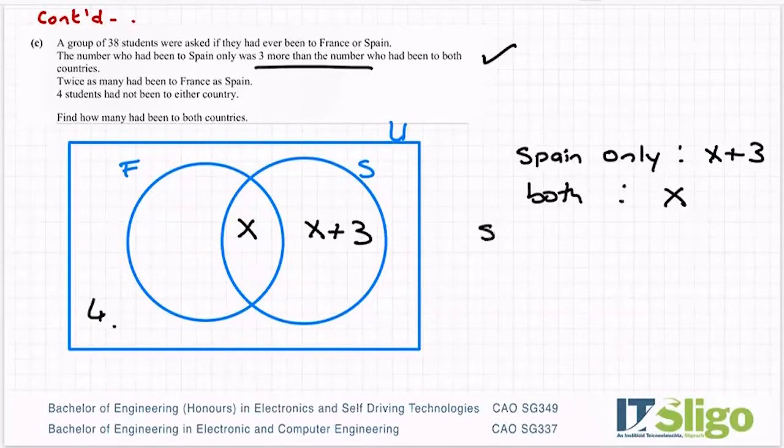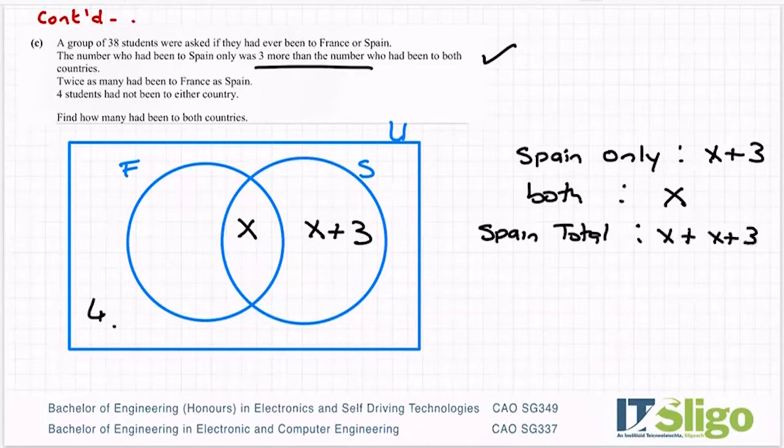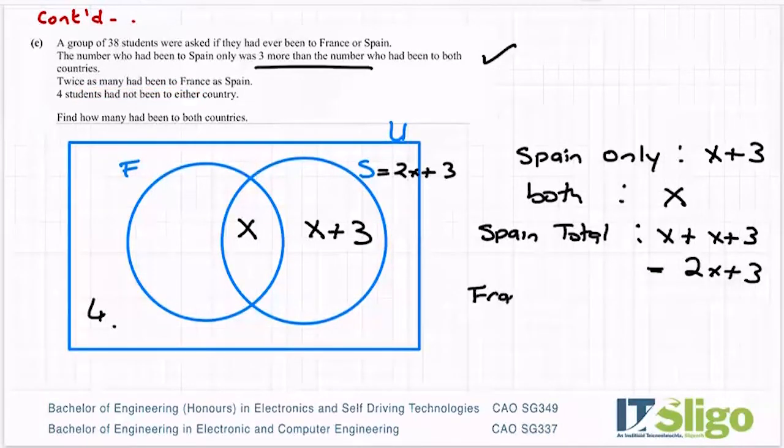So how many has been to Spain in total? Well, as you know, you need to add what's in the full circle of Spain. So it's x plus x plus 3, or it's 2x plus 3. Okay, so that's Spain total. So twice as many had been to France as Spain.